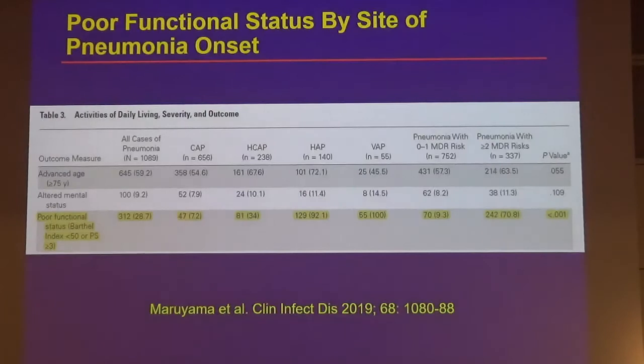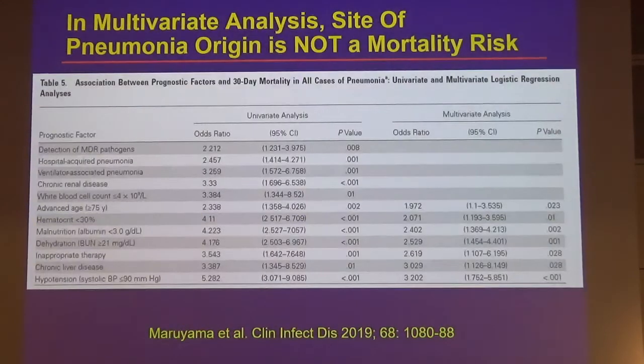There was a good relationship between functional status and the pneumonia type that was present. Poor functional status overall was in about 30% of patients, relatively uncommon in CAP, and almost ubiquitous in nosocomial pneumonia. But again, about 1/3 of the patients with healthcare-associated pneumonia had poor functional status.